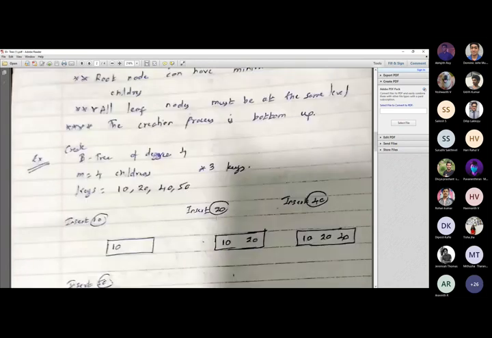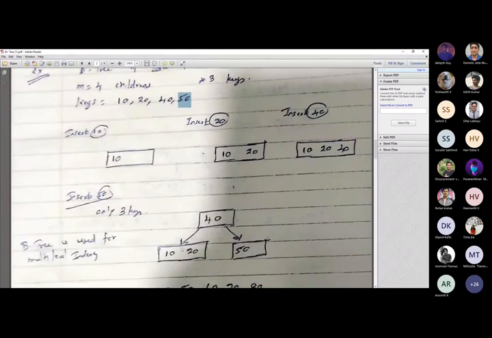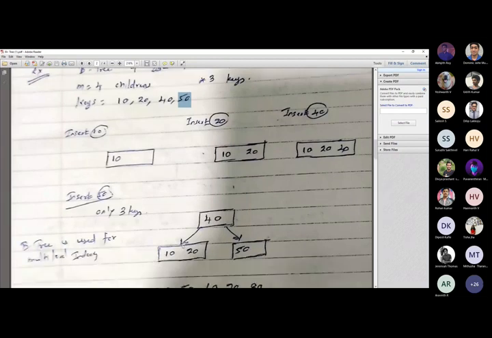So let us start by inserting the keys 10, 20, 40, right? It can have at most only 3 keys. So what happens when 50 is inserted? Since the degree is 4, it can have only 3 keys.